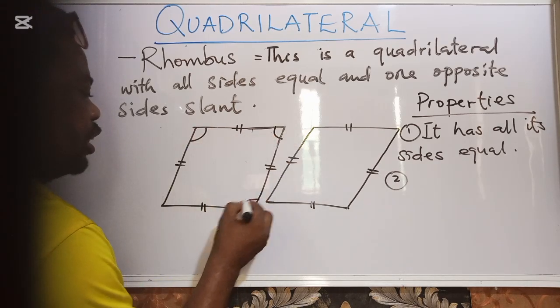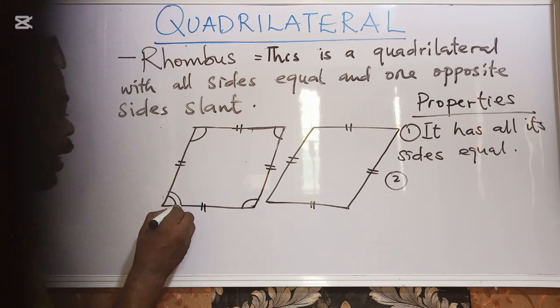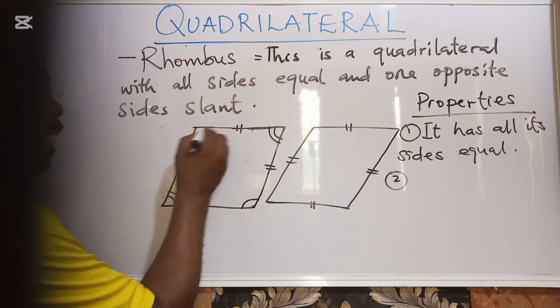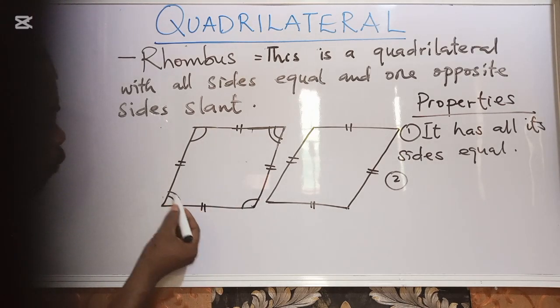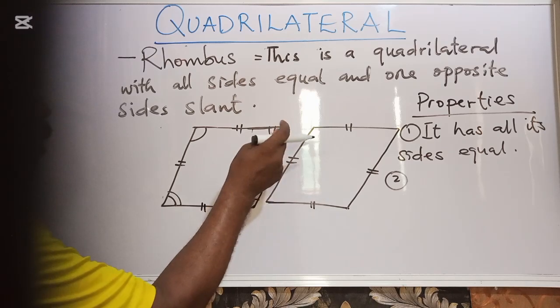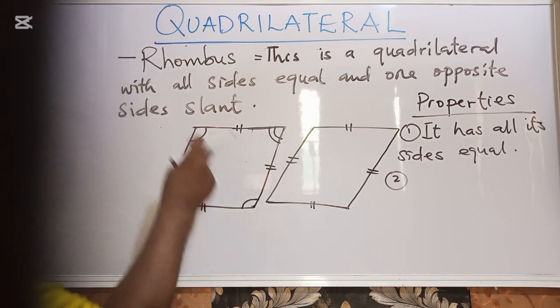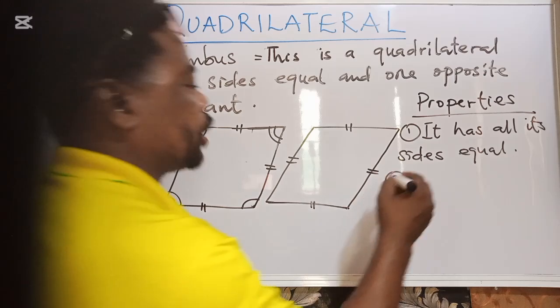The only thing that is there is that this angle here is now equal to this angle. They are opposite angles. And this angle here is now equal to this angle. They are opposite angles. See, I put two curves here. So two curves have to be here to show that they are equal. Then I put one curve here. One curve has to be here to show that they are equal. So therefore, we say two opposite angles equal.